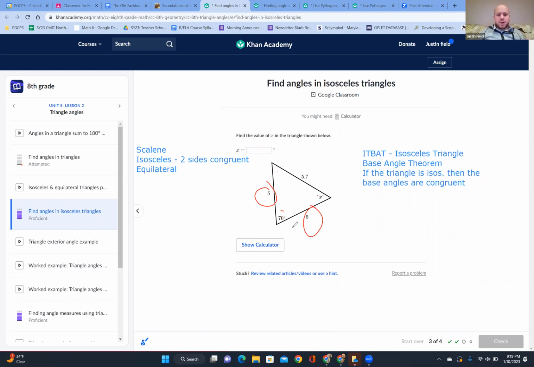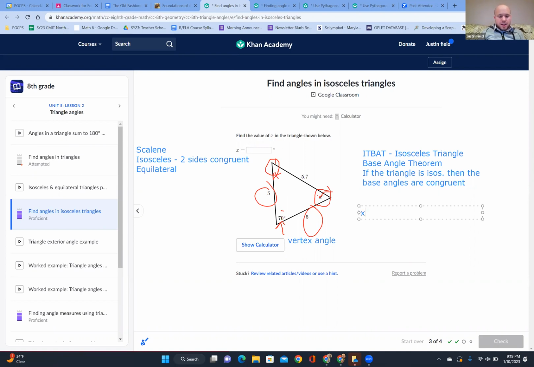So what are the base angles? Well, this one is called the vertex angle, and it is where the two congruent sides meet up. That's called the vertex angle. The other two angles are the base angles. We know they're congruent, so that one is also x. So we've got x and 70.